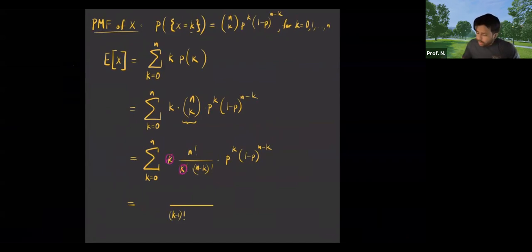Then I'm going to factor out an n, and I'm going to factor out a p. This is k equals 0 all the way to n. If I factor out an n from n factorial, I'm left with n minus 1 factorial. If I factor out a p from p to the k, I'm left with p to the k minus 1, 1 minus p to the n minus k, and I get n minus k factorial.